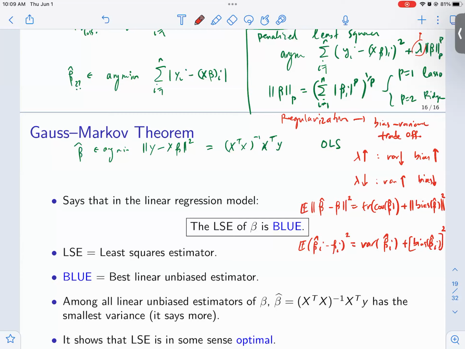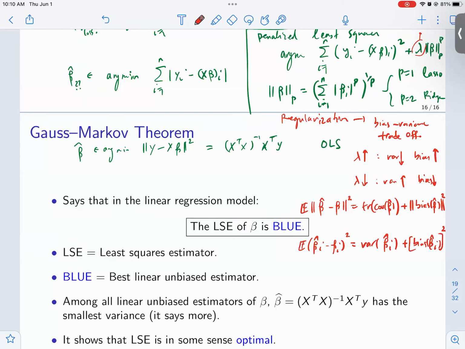The idea of the Gauss-Markov theorem is that this OLS has some optimality property. Among all the estimators, this is best in a particular sense. The first point is that it's BLUE, the best linear unbiased estimator. So if I restrict myself to unbiased estimators, that rules out Ridge or Lasso.